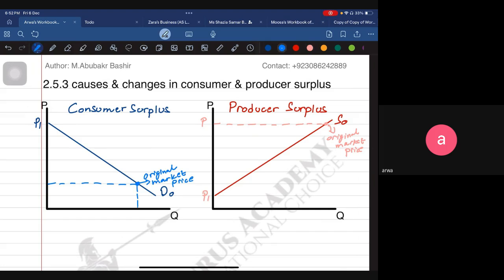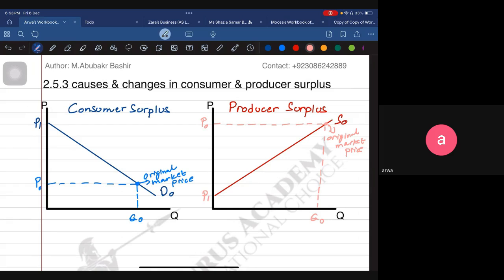Yes, sir. And this is also P naught and Q naught. And this is P naught and Q naught.